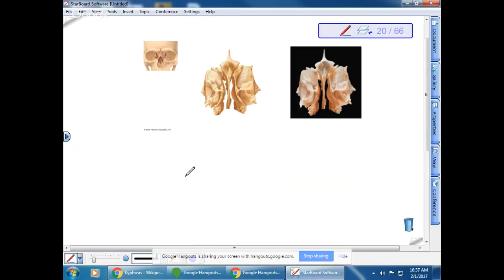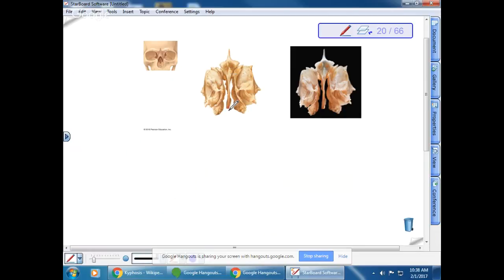And then if we look at the diagram of the ethmoid, remember that the ethmoid makes up part of the nasal conchae, which make up the inside of the nasal cavity. Notice that we have all these tiny little bones, and we're going to talk about these in a minute, because these make up the ethmoid sinuses.